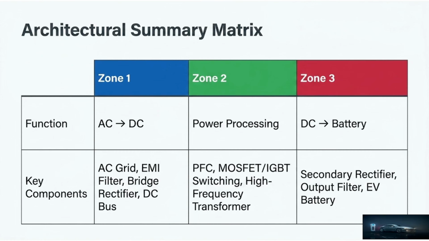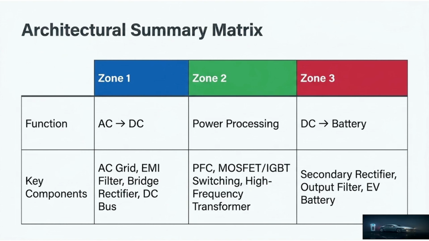Alright, let me give you the entire story in 20 seconds, what we have learned so far. The grid gives us the AC. In zone 1 we filter it, rectify it and create a DC bus.